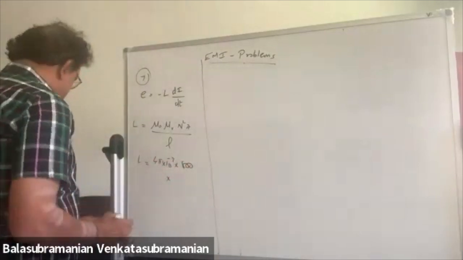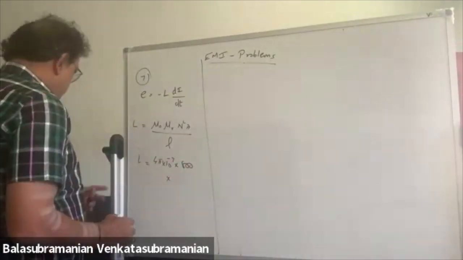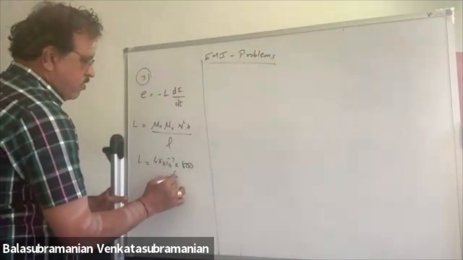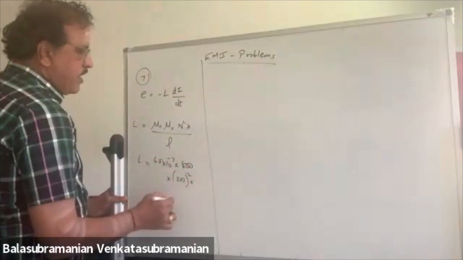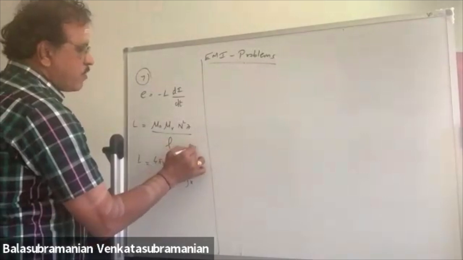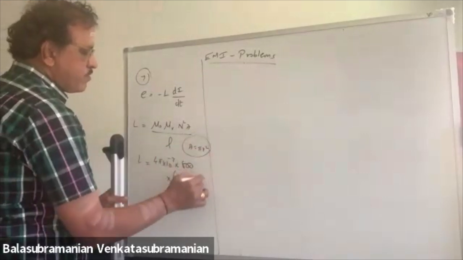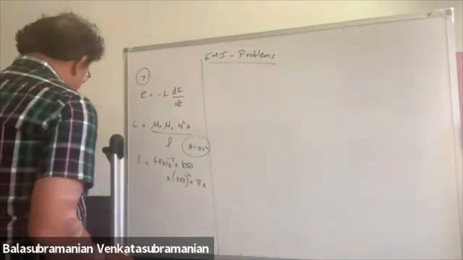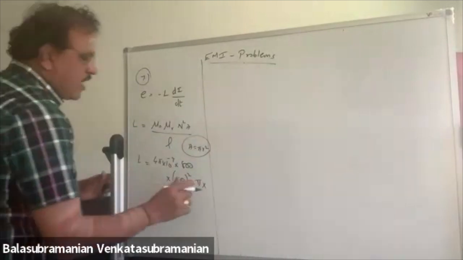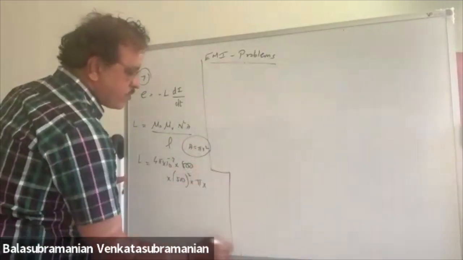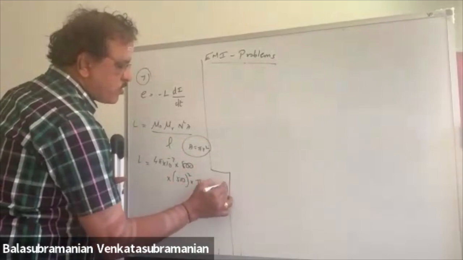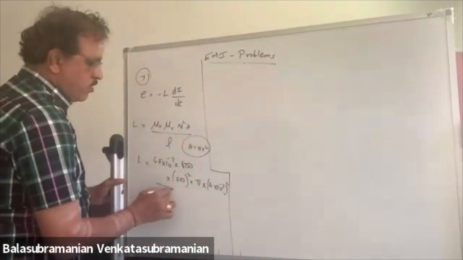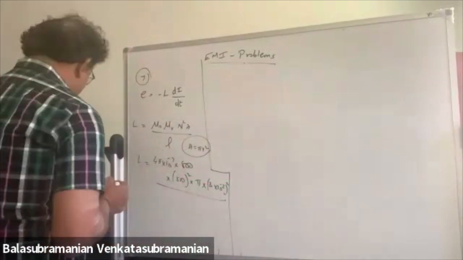Number of turns is 500, so 500 square, into area, which is pi r square. The radius is 3 centimeter, so pi into (3 into 10 power minus 2) the whole square, divided by l.